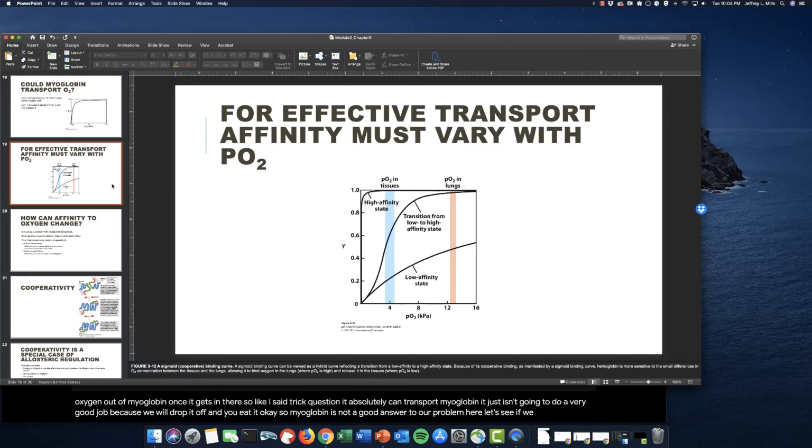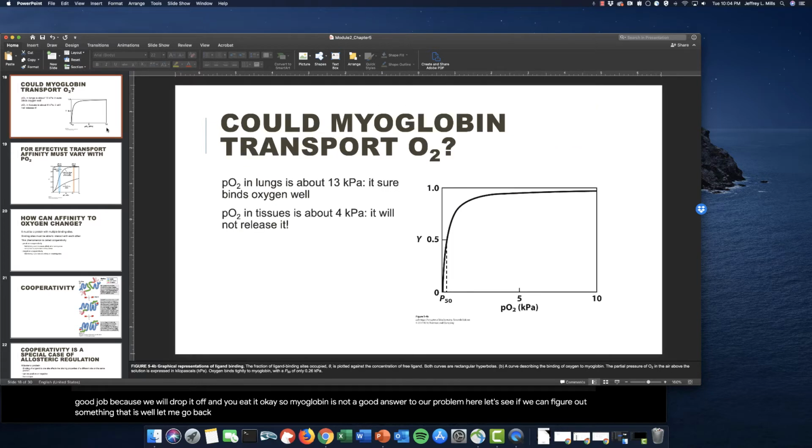Let's see if we can figure out something that is. Well, let me go back a second here. And I want to talk about, real quickly, arterial blood versus venous blood. So if you look at arterial blood, I know we're talking about myoglobin here and blood has hemoglobin, but if you talk about arterial blood, you're typically talking about something like 96% oxygen saturation.